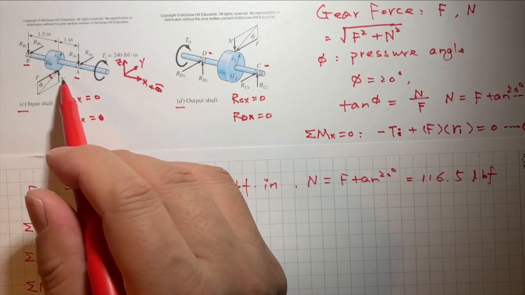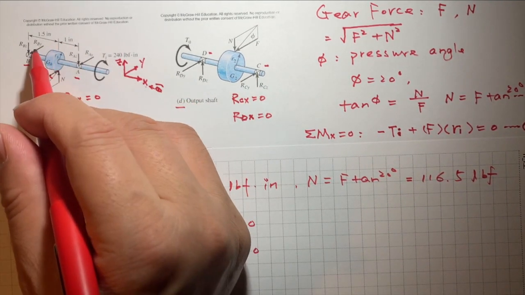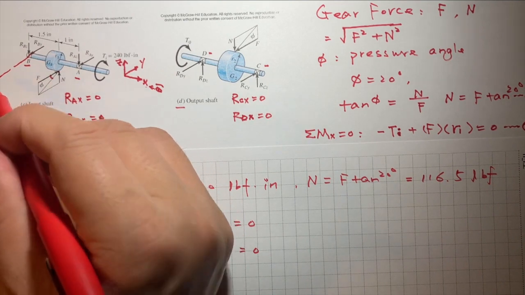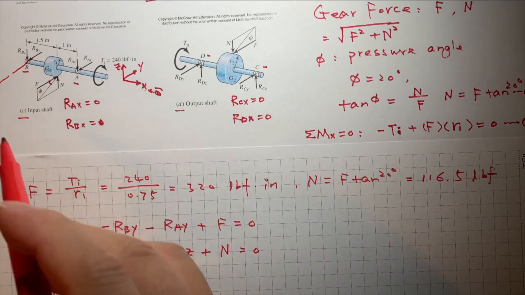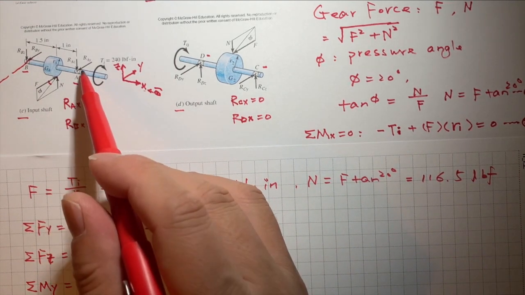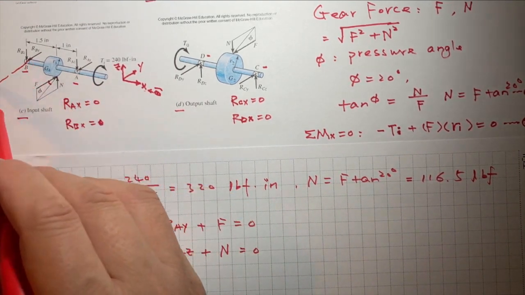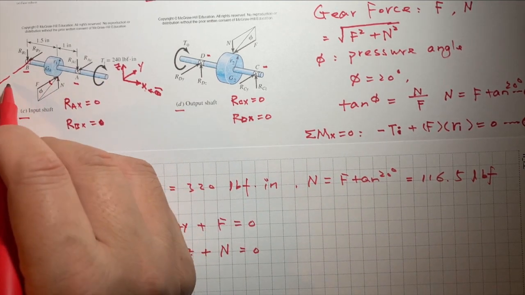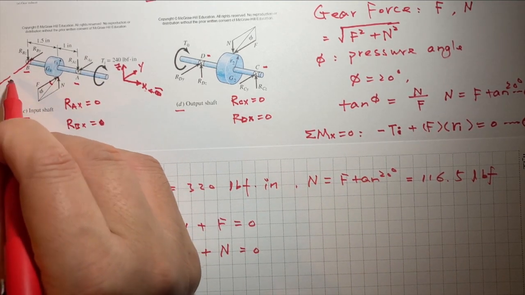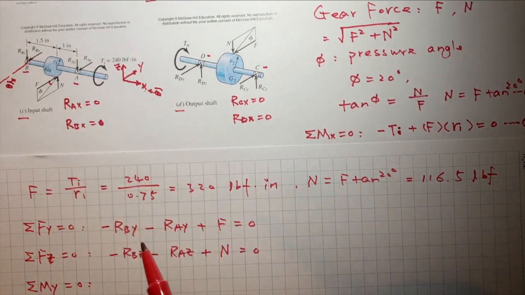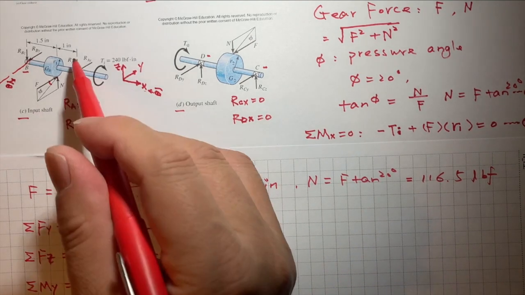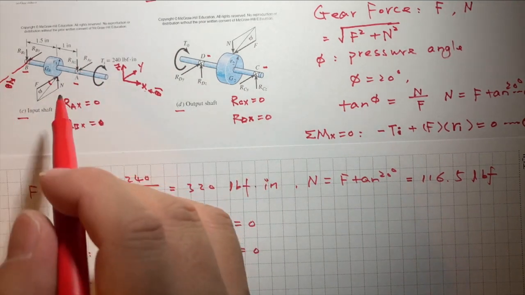If you look along the y-axis from this way, RAZ is going to produce a moment.